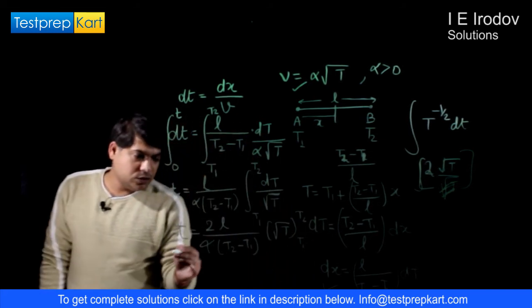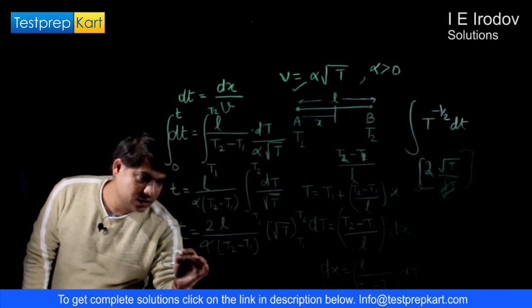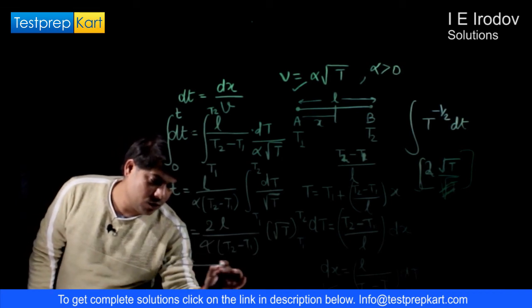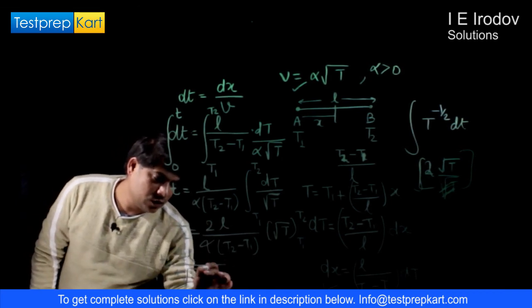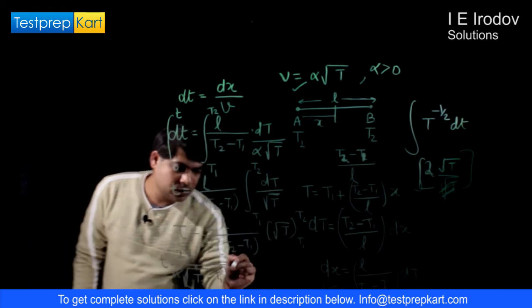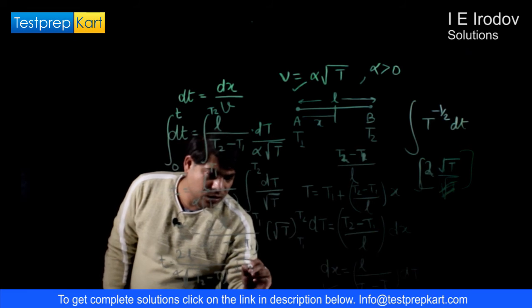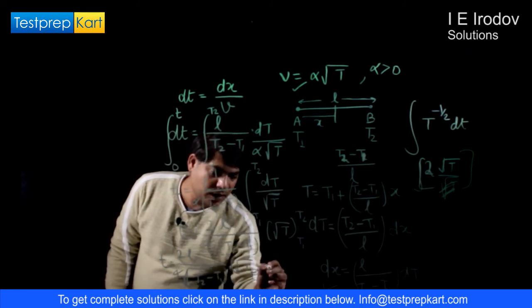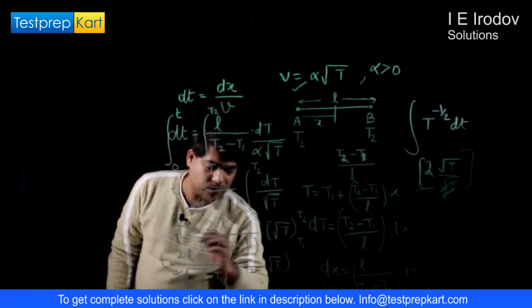So this t can be written as 2L over alpha into (T2 minus T1) into (root T2 minus root T1).